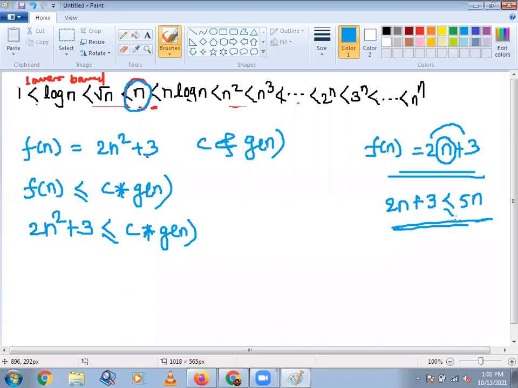Are you getting it? In the last example, we took n as it is, and 2 plus 3, that is 5. Similarly here we can write 2n square plus 3 is less than or equal to 5n square.